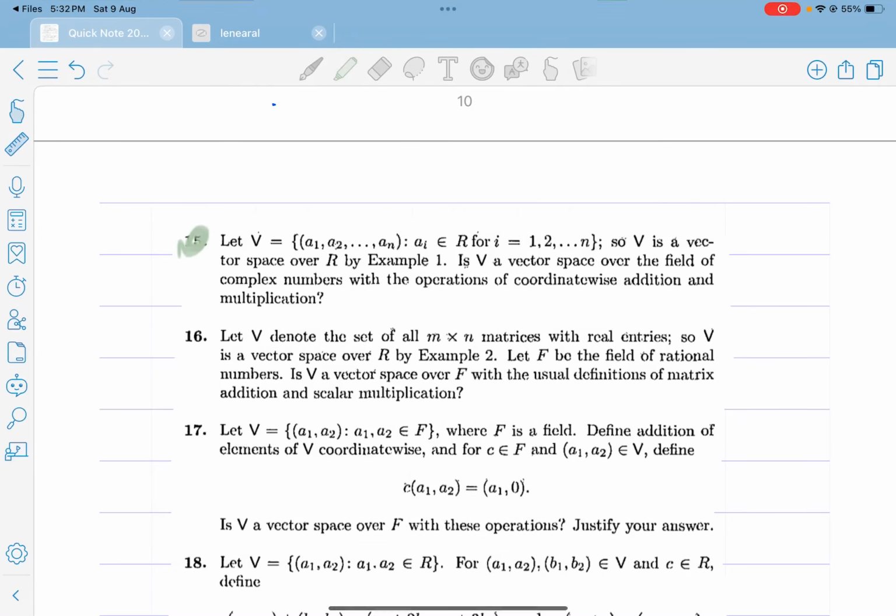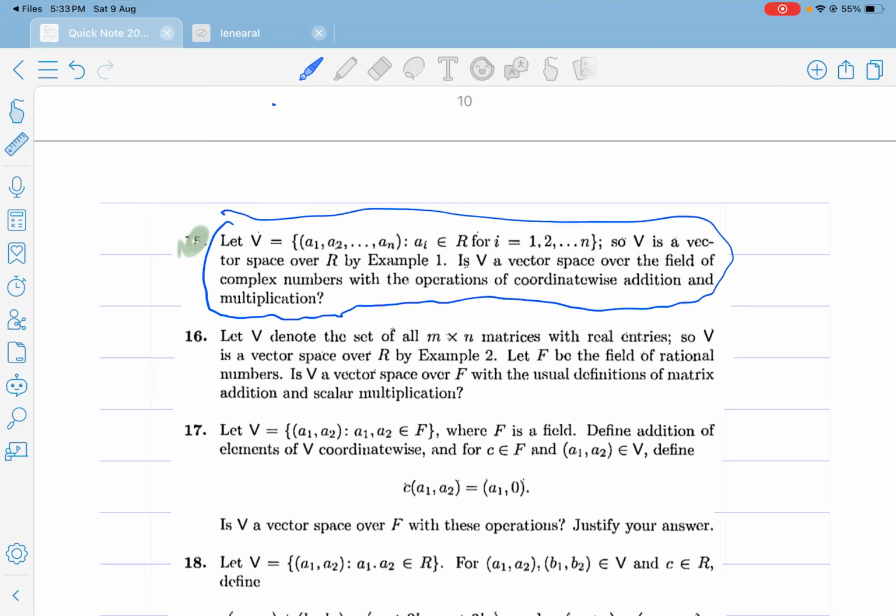As you can see on your board, this V is R cross R, n number of times, and we want to see if this is a vector space.